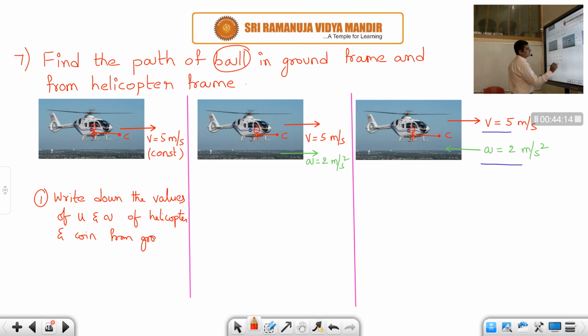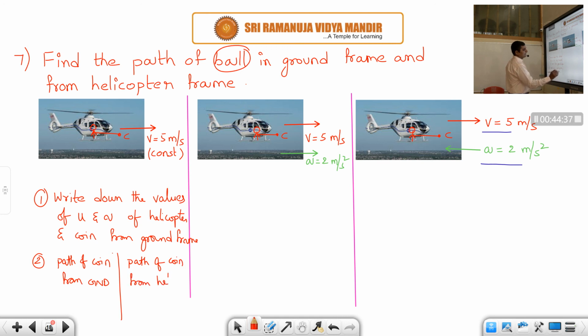This is the first step, from ground frame. This is always from ground frame. Second step is, now you resolve. Now you find out the path of the coin or ball from ground frame. Same way, path of the ball, path of the coin from helicopter frame.